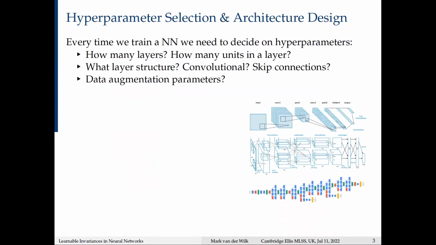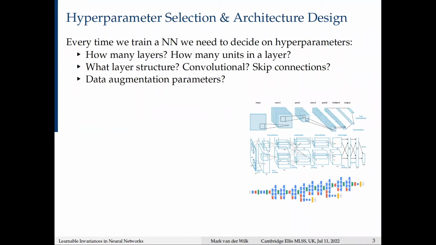So to start off, I just want to motivate the problem that this line of research is looking into. And basically, that's the problem of hyperparameter selection and architecture design. This is something that you have to do every single time you train a neural network. And it's costly, it's cumbersome, right? There are tons of decisions that you need to make when designing a neural network, like how many layers to use, how many units you want to keep in a layer, what the layer structure should be, right?